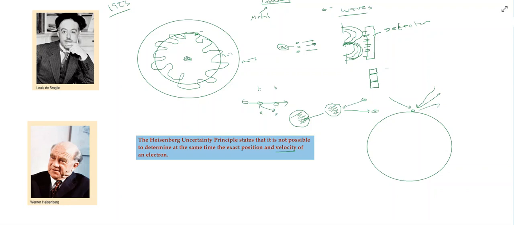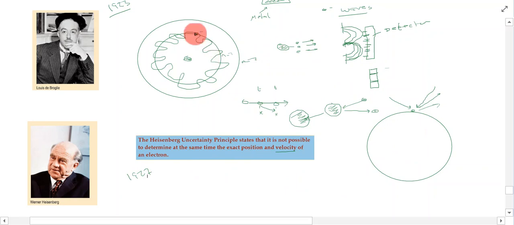So in roughly 1927, Heisenberg stated his uncertainty principle. The Heisenberg uncertainty principle states that it is not possible to determine at the same time the exact position and velocity of electrons. This is where scientists were left.